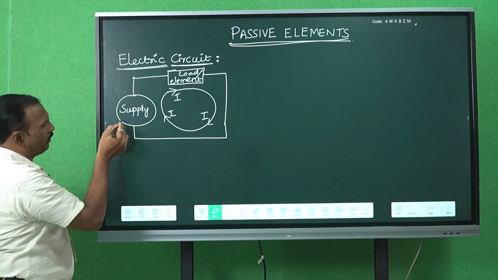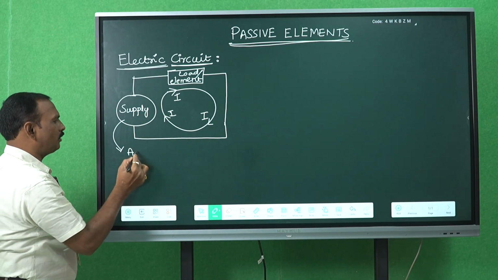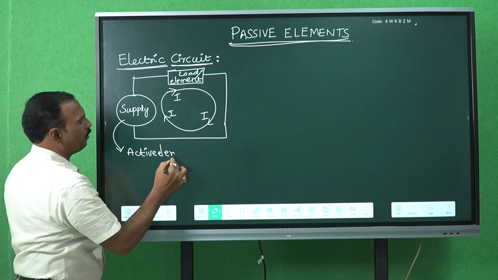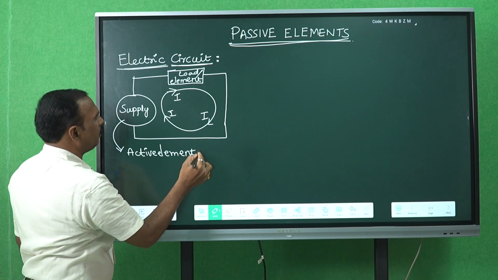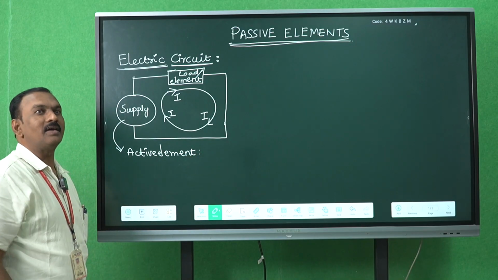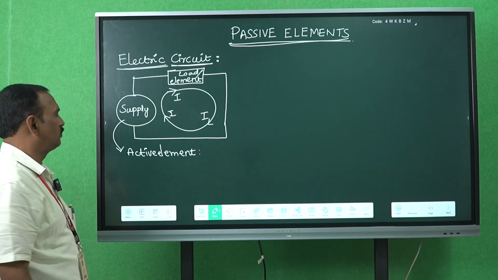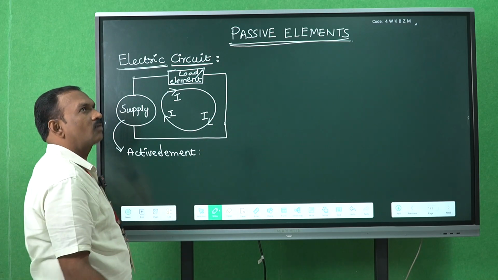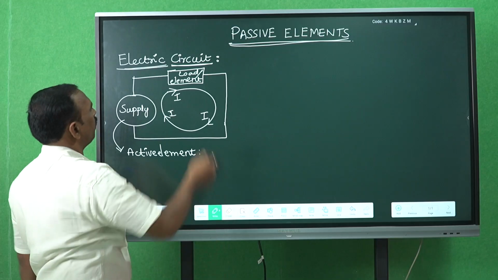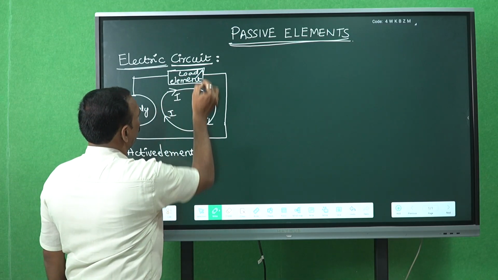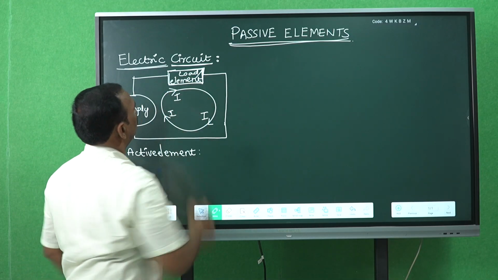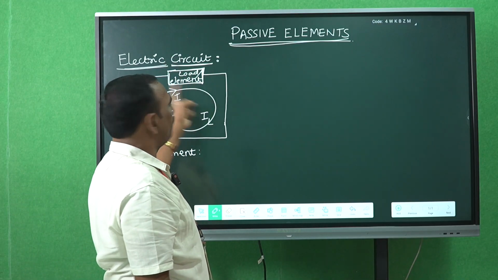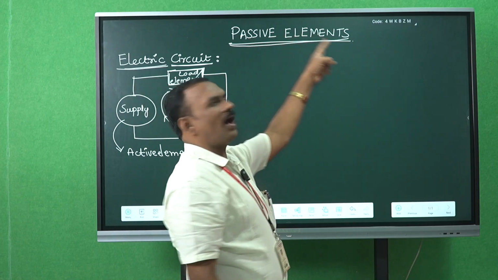Here, the supply is the active element. Active element means the element which supplies the energy to the circuit elements. Now coming to the load or element, here the elements are passive elements.